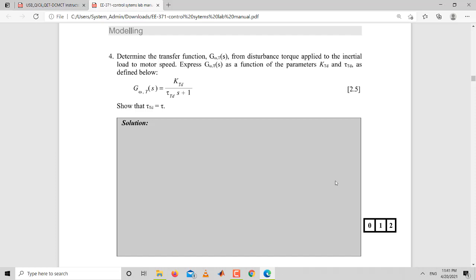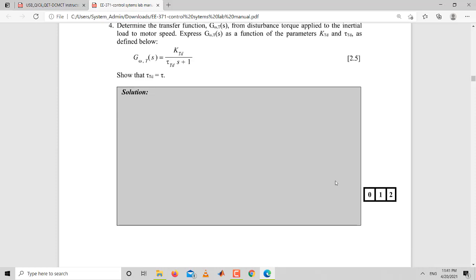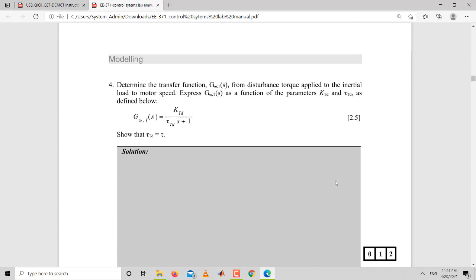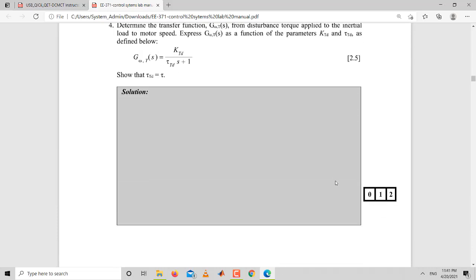Voltage is no more the input, rather tau d is the input, which means that you have to solve the same two equations that I used in the beginning of this recording for tau d. This is a graded assignment. You have to complete this and solve this particular question, question number 4 of your lab number 2.